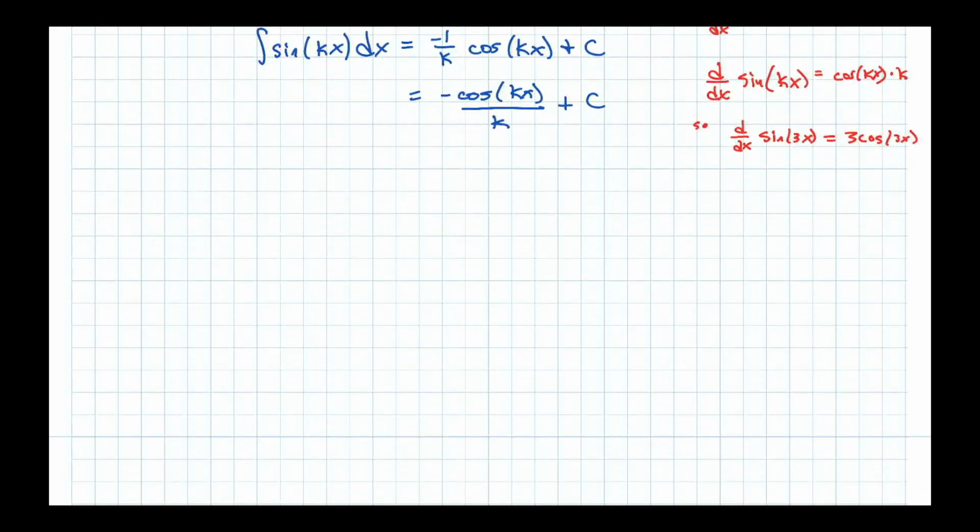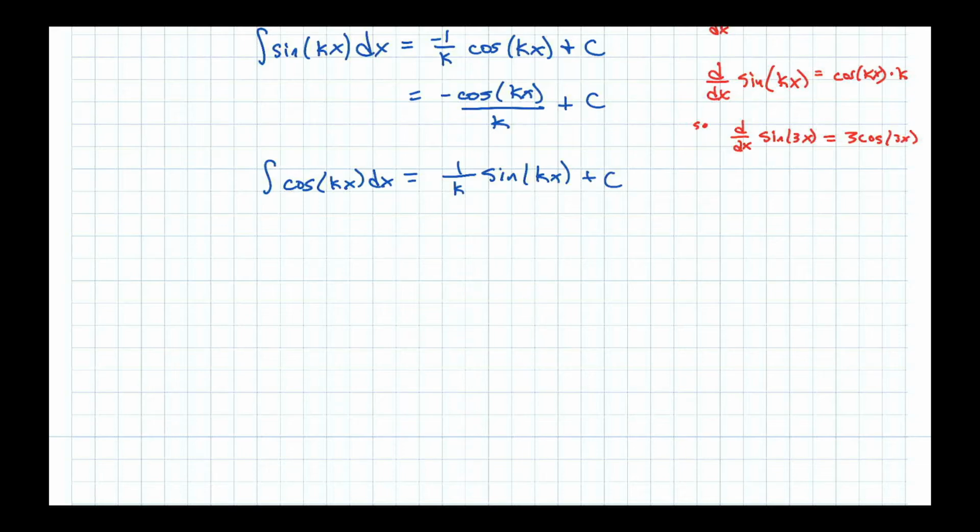I'm not going to write that many lines for them all, but let's do the antiderivative of cosine kx. Well, the antiderivative of cosine is sine. So you can write it 1 over k sine kx, or sine kx over k plus c.